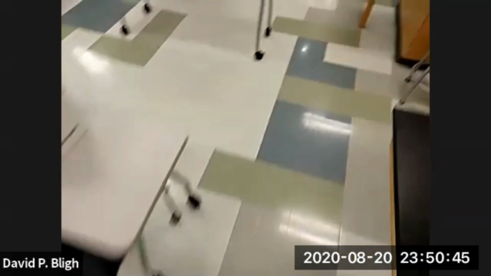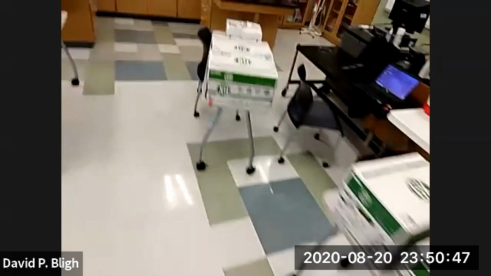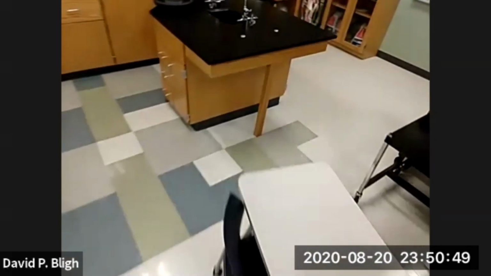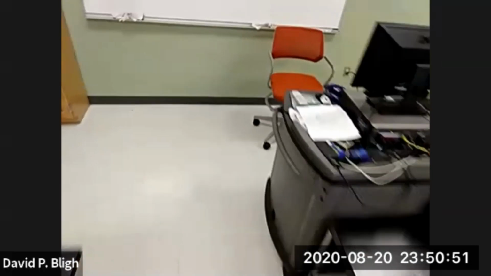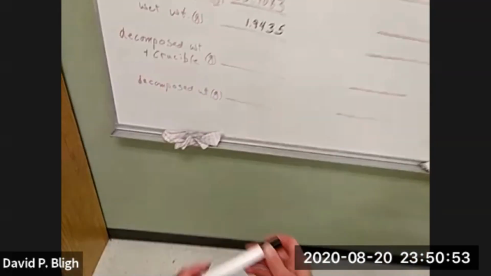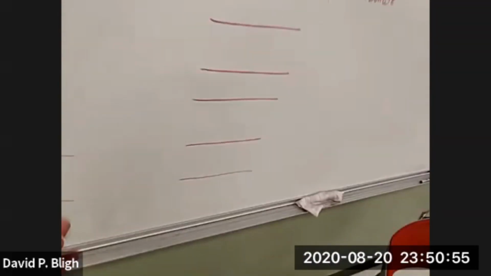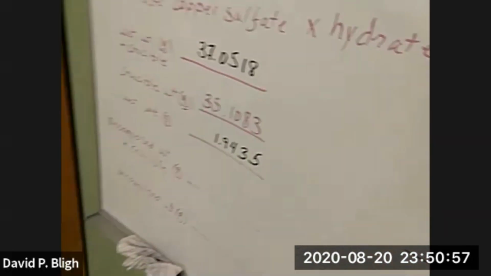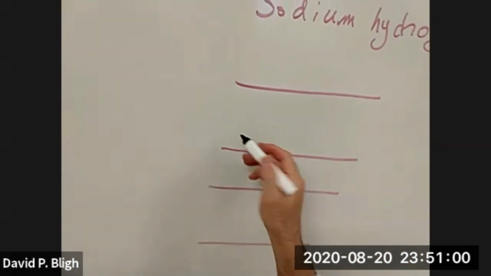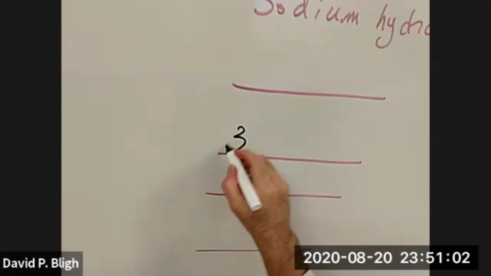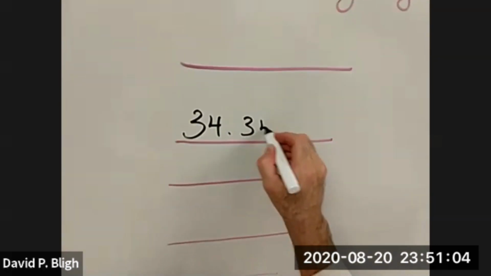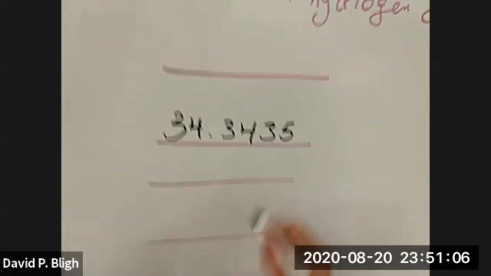So let's put that in here. 2 34s and a 35. And that's for the second part, the crucible. 34, 34, 35, and that's grams.